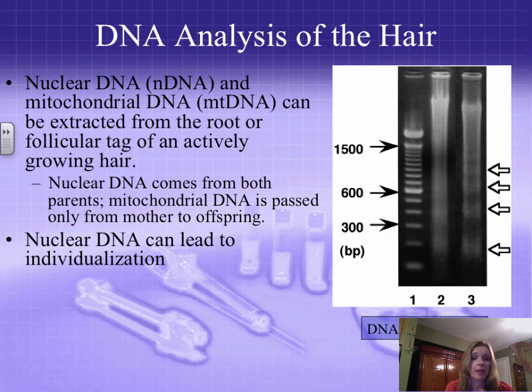Nuclear DNA is unique to each individual because the nuclear DNA, that's the DNA that's in the nucleus of all of your cells, and there's no one who has the same DNA as you unless, of course, you have an identical twin. In certain cases, when a sample's old or degraded, sometimes you may not get nuclear DNA, sometimes you may get mitochondrial DNA, or you may use mitochondrial DNA for a missing persons case if you have DNA from family members.